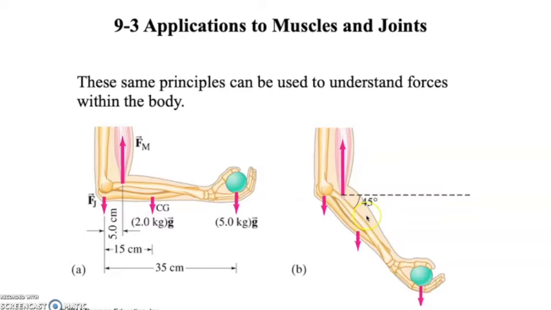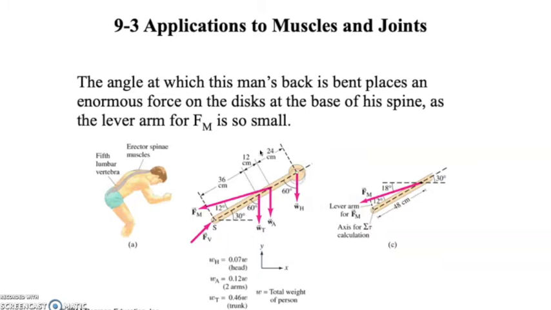And you can see if we bend it at 45, and this is an example that we'll look at. The angle at which this man's back is bent, an enormous force in the disc at the base of the spine as the lever arm is so small. So we're talking about the vertebrae, right?